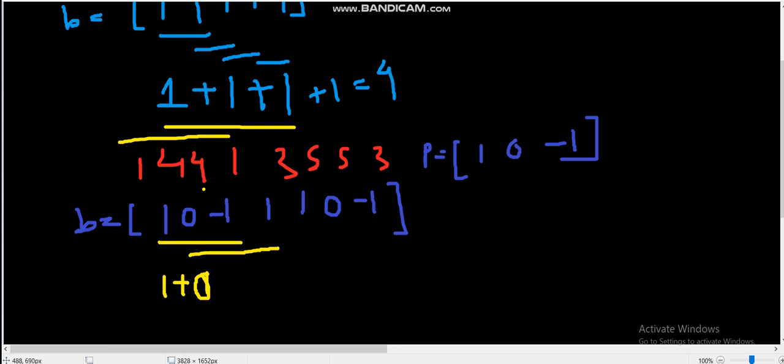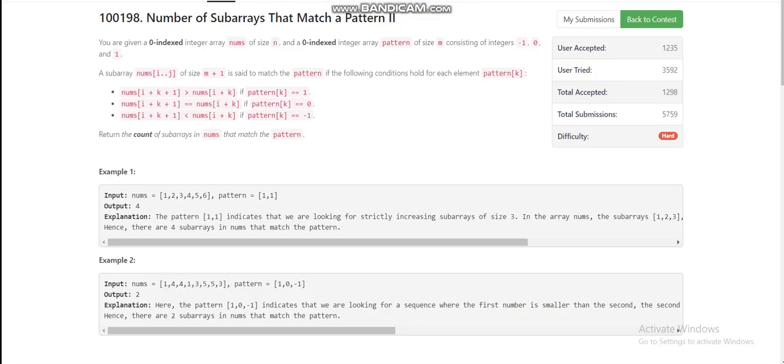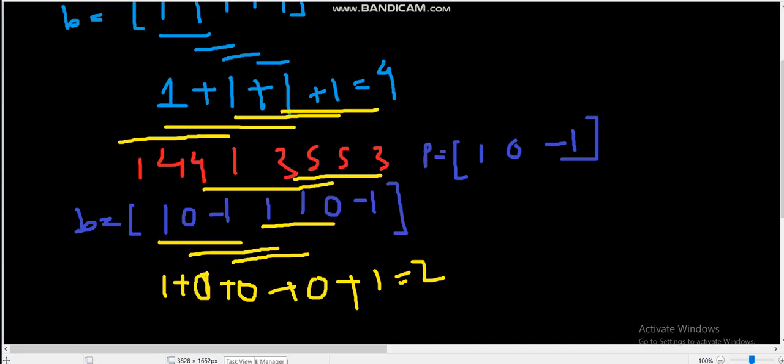Again for 4 1 3 5, the pattern value is -1 1 1, also not matching, so 0. For 1 3 5 5, the pattern value is 1 1 0, that is also not matching. Then for 3 5 5 3, the pattern value is 1 0 -1, this is matching, so the answer will be 2. So let's check the answer: the answer is 2. That's how we solve this.